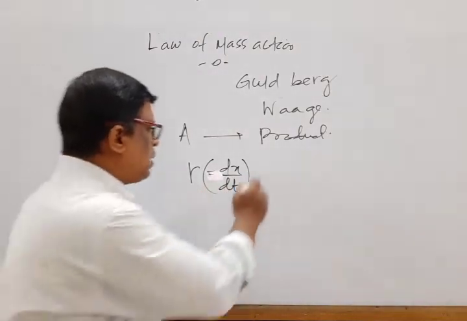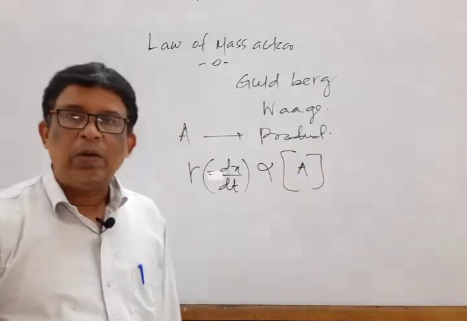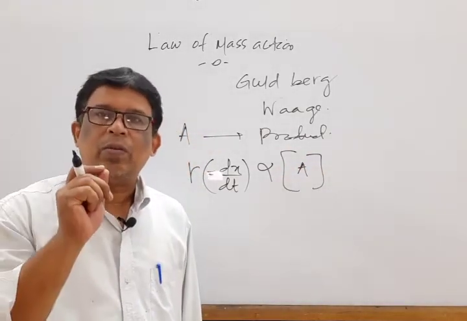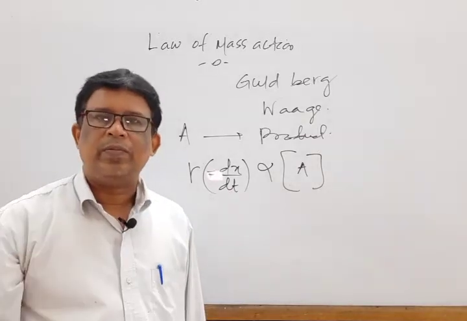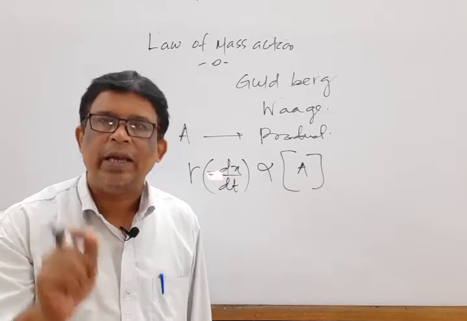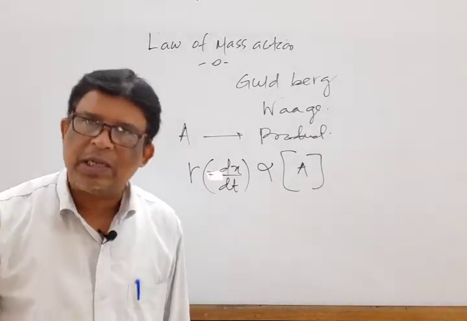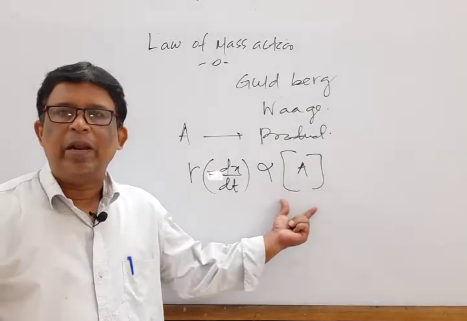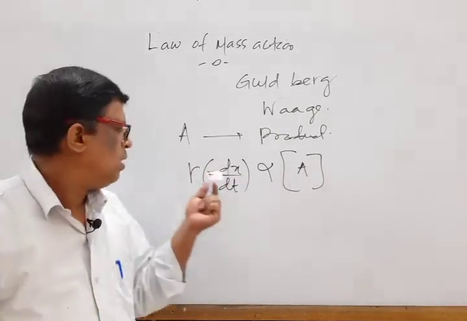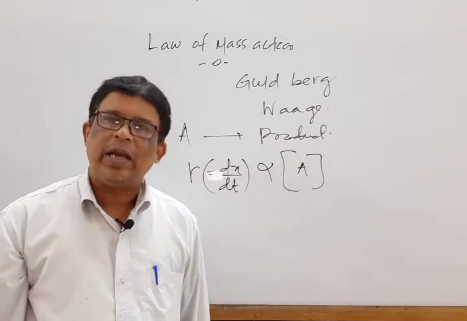So, the rate of a reaction is directly proportional to the active mass. What do you mean by active mass? That means molar concentration, the concentration of the reactant expressed in moles per liter. That is known as molar concentration or active mass, represented by the square bracket. Rate of reaction is proportional to the active masses of the reactant.